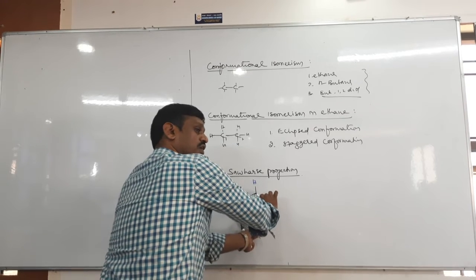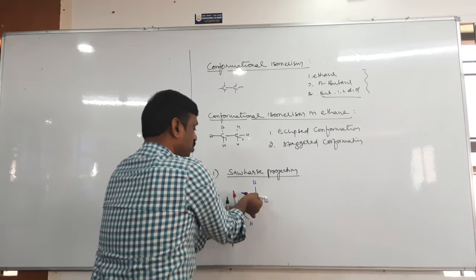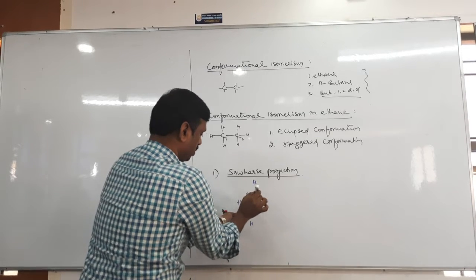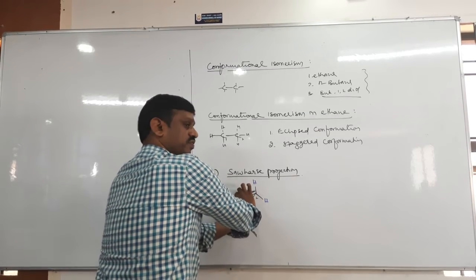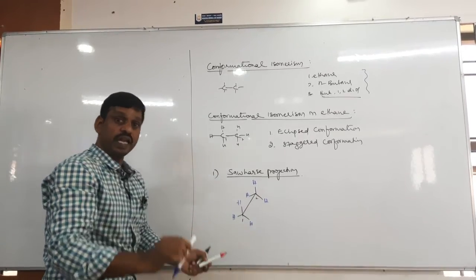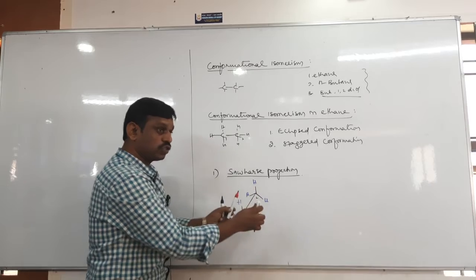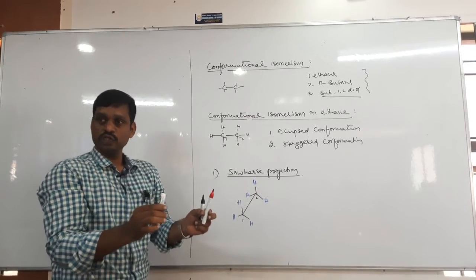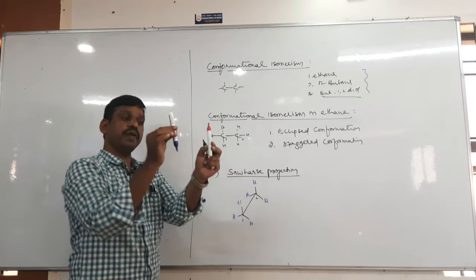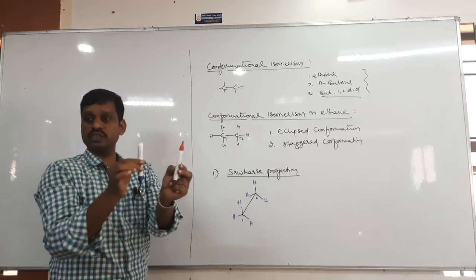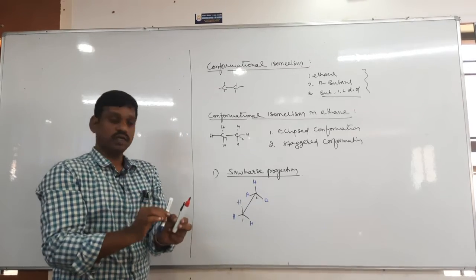They are actually parallel, one behind the other. It means this is eclipsed. In eclipsed conformation, all the hydrogens are one behind another. Due to this, they experience maximum repulsion and it has maximum energy.